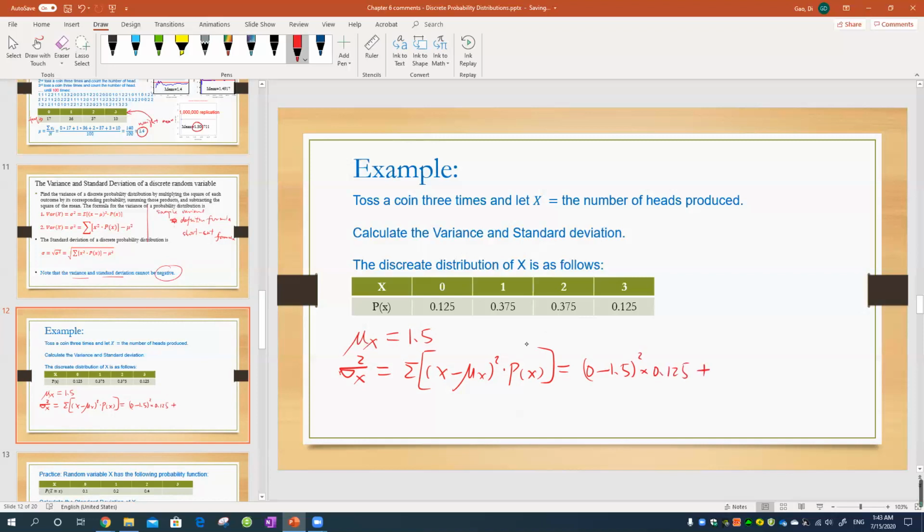Then we add all those products together. Next is 1 minus 1.5, squared, times 0.375, plus 2 minus 1.5 squared times 0.375, plus 3 minus 1.5 squared times 0.125. Then we finish this calculation.